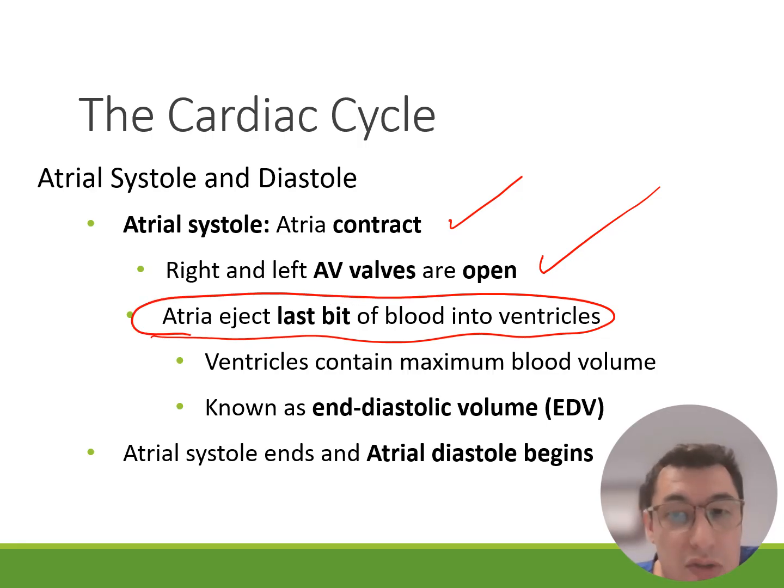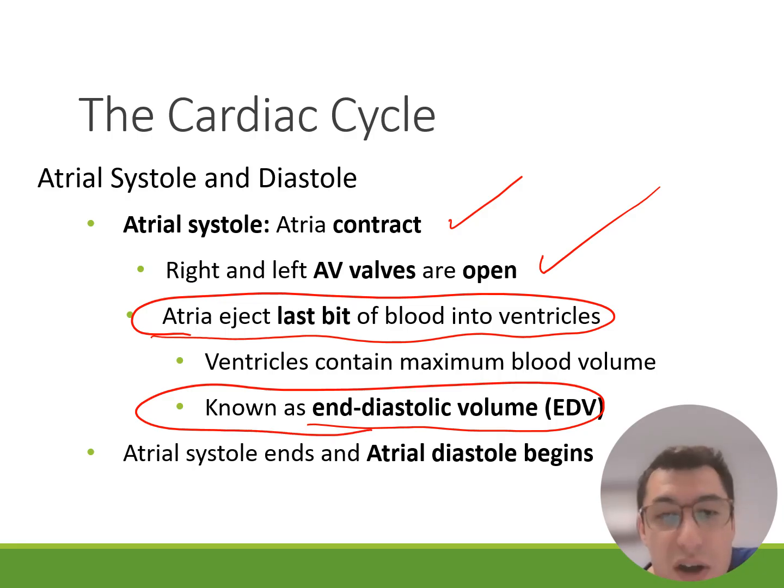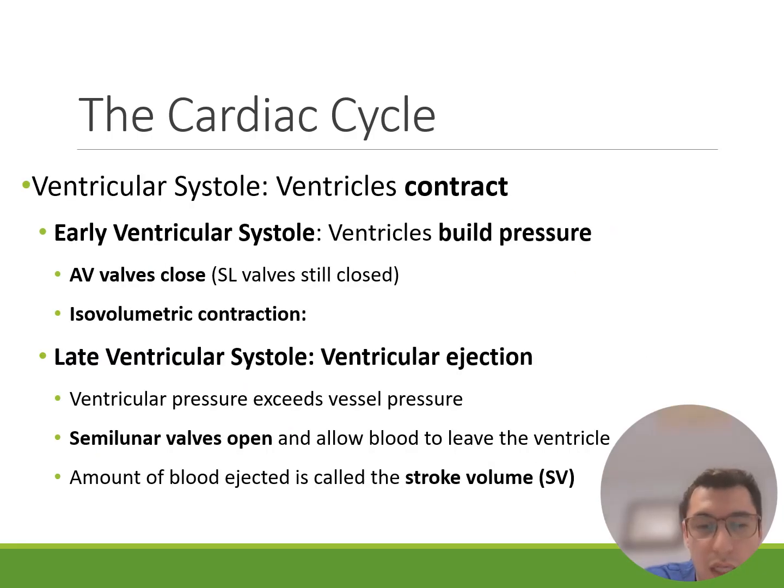The ventricles' blood volume at the end of atrial systole is known as end diastolic volume. So before we get into ventricular systole, remember that your cardiac cycle starts with the atrial systole, and as soon as atrial systole starts, then we go into atrial dilation.